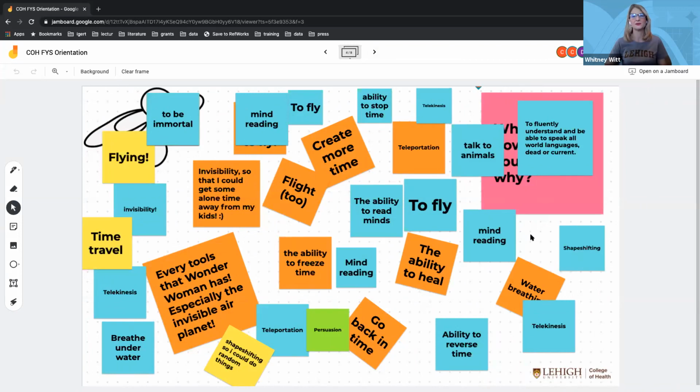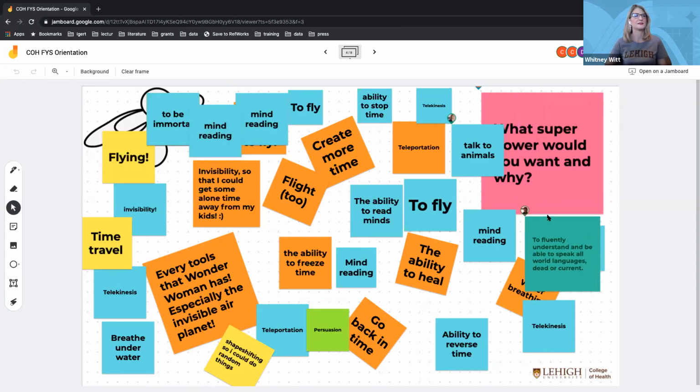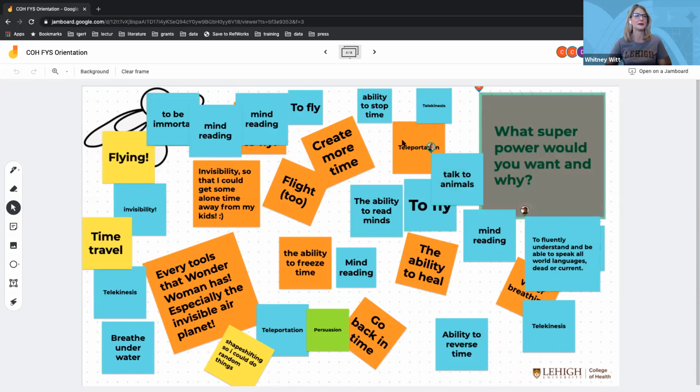So the next question, and I'm sorry I can't read the post-it, was, what superpower would you want and why? Oh, I love these.